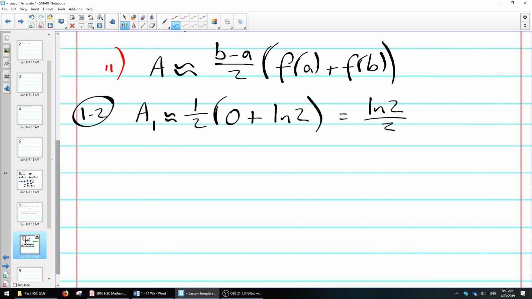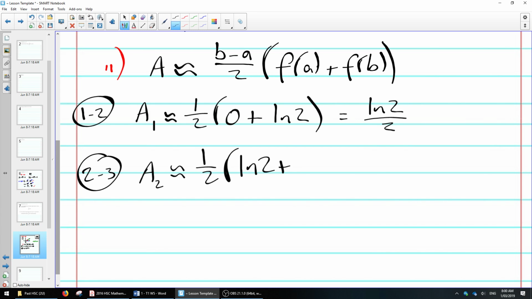And then my next application is from 2 to 3. So let's call that A2. The difference between 3 and 2 is again 1, and that's just ln 2 plus ln 3 over 2.